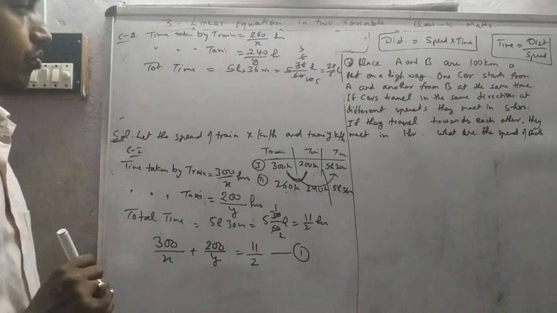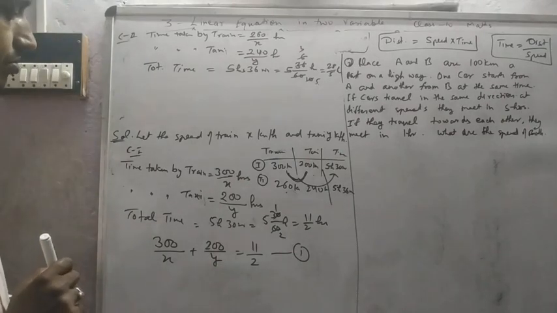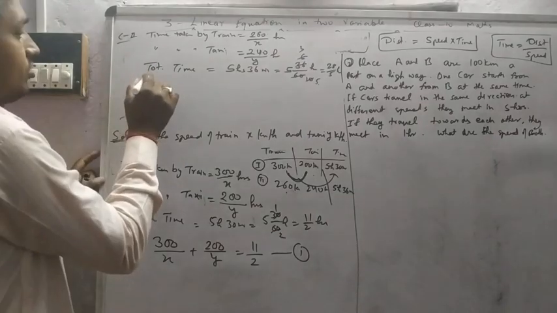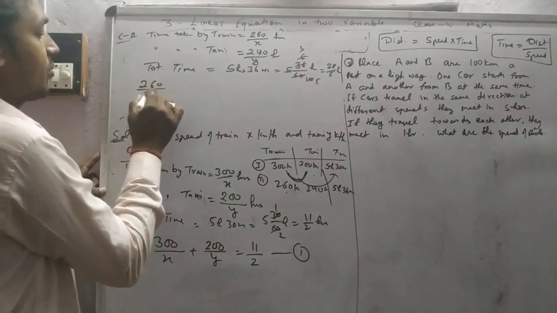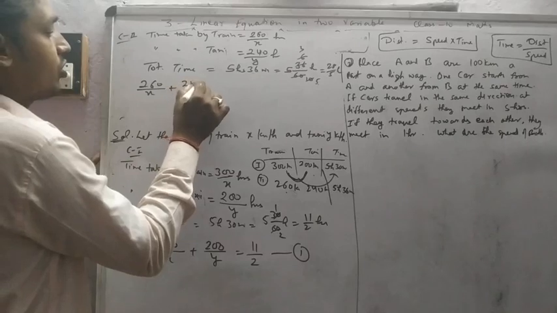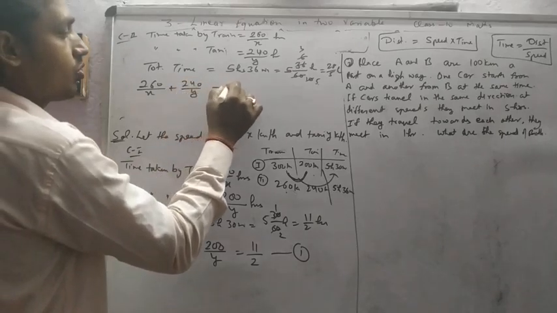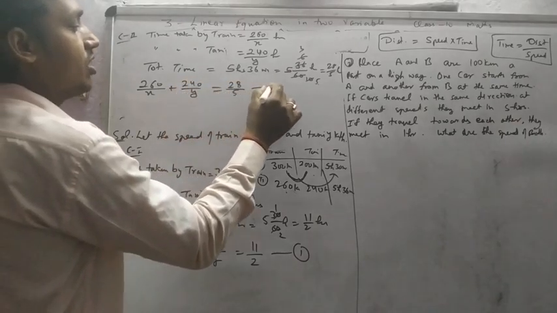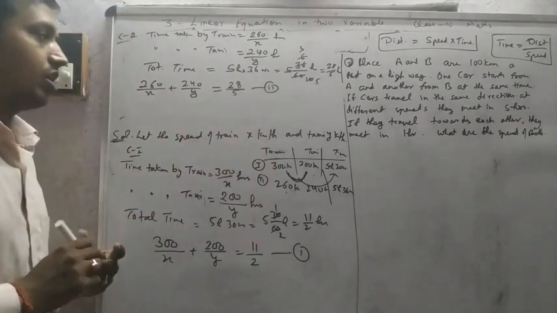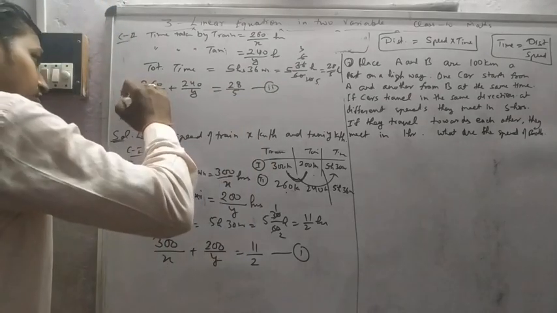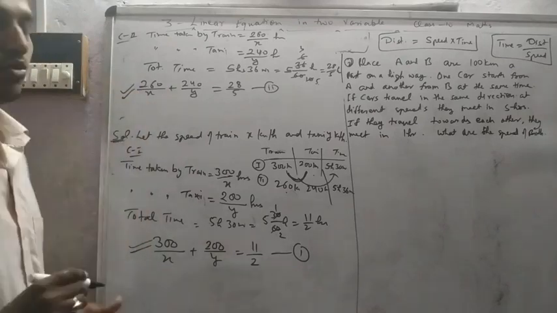Okay, then what's the equation? 260 upon x plus 240 upon y is equal to 28 upon 5. Equation number second. So you get the first and second two equations.